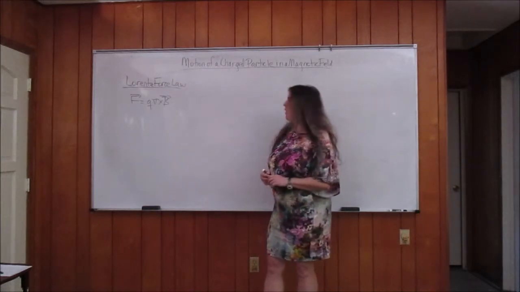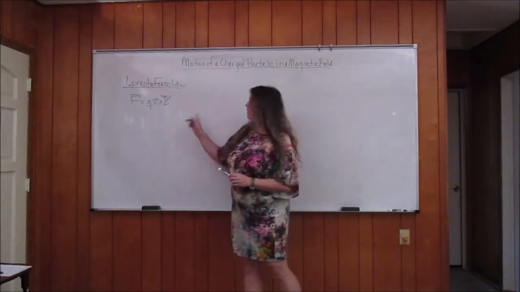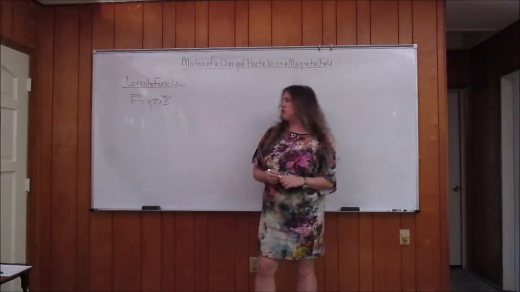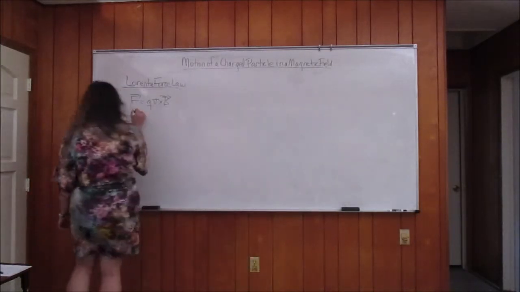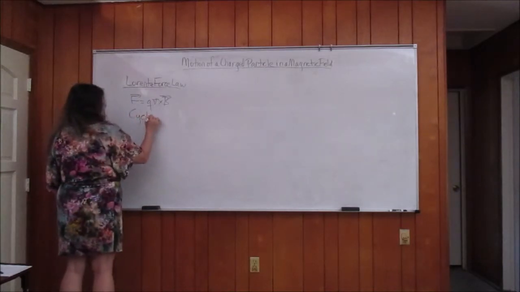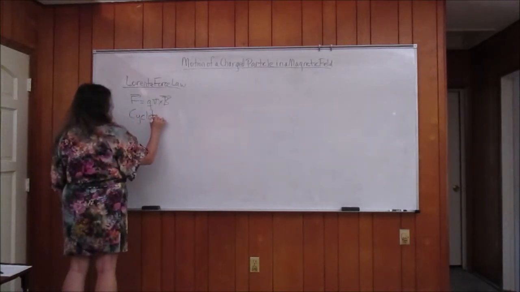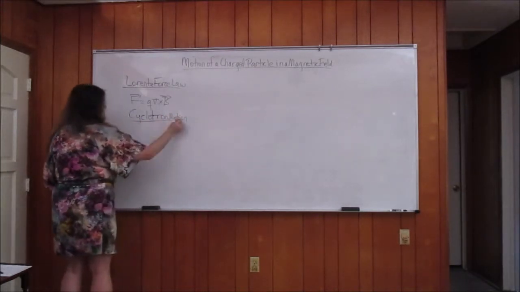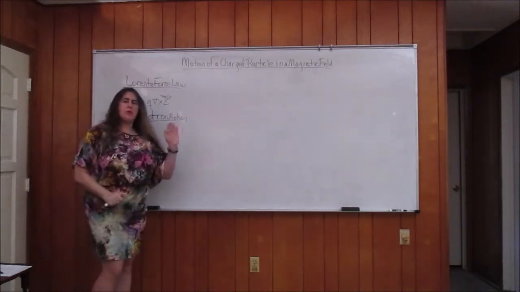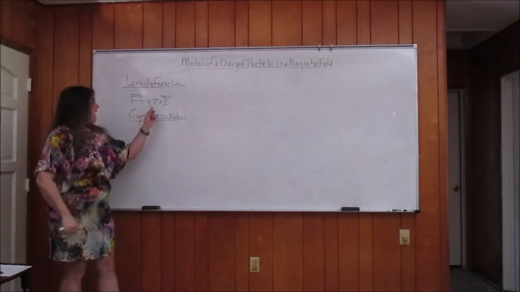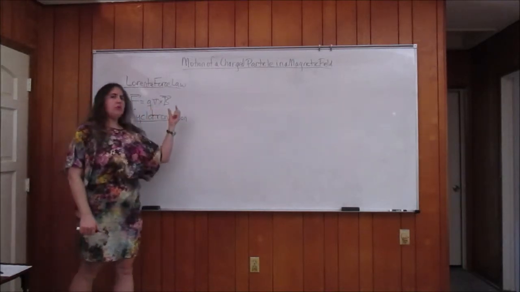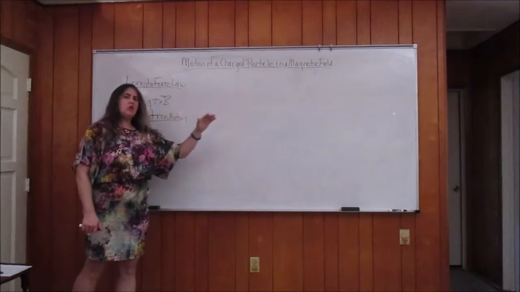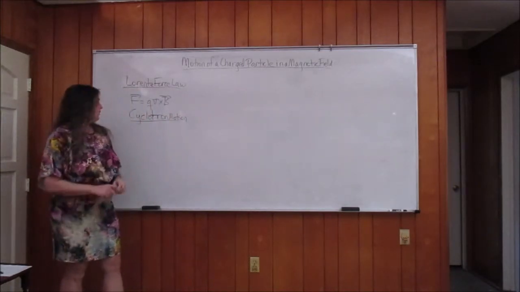Let's do the simplest problem using this, and that is cyclotron motion. In this case, we'll assume that the particle is charged and has a velocity vector perpendicular to the magnetic field, and no component lying along the magnetic field.